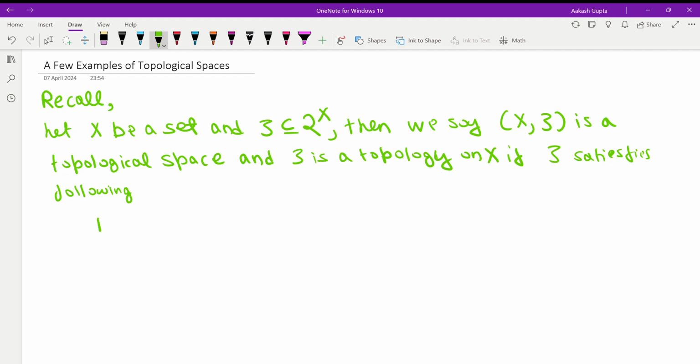Number one, phi and X should be there. What is second? Closed under finite intersections, right? What it means in symbolic language: if U, V are in tau, then their intersection is too.